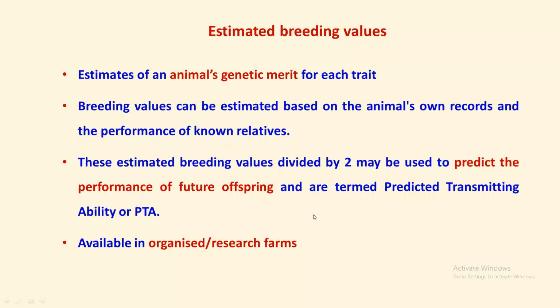Second, you need repeated measurement of the same trait. Like, one lactation milk yield is not enough for finding estimated breeding value. You need repetitive measurement of the lactation milk yield. How will you get repetitive measurement? You need the first lactation, second, third, likewise.